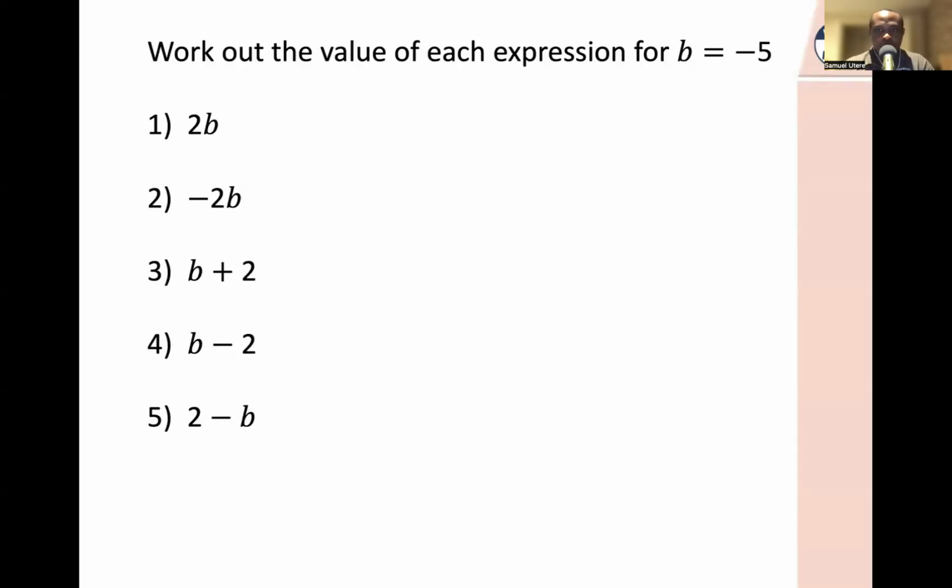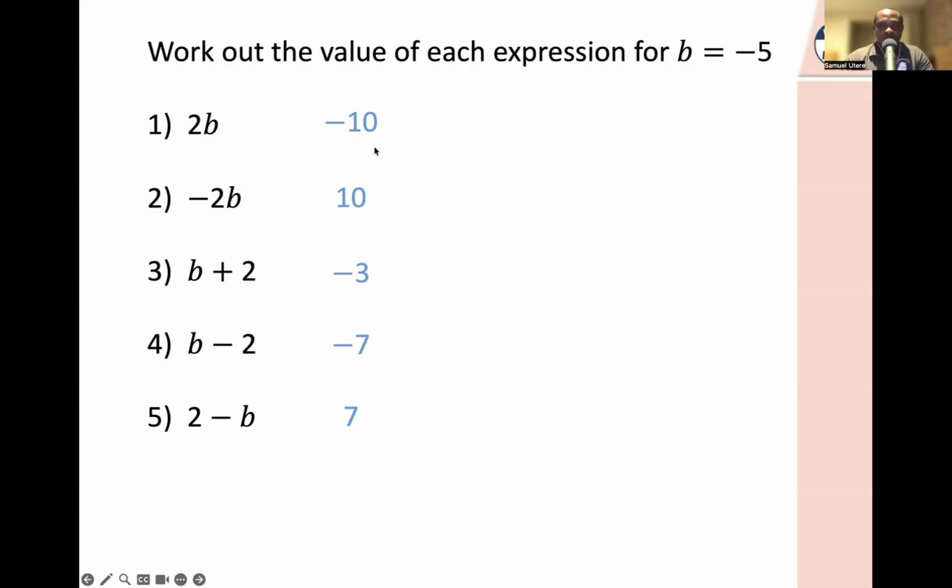Assuming you've paused the video and you've answered the retrieval practice questions, here are the answers. Let's discuss them. For these, you were asked to do substitution tasks. So, to work out the value of 2b when b is negative 5, you simply multiply 2 times negative 5.